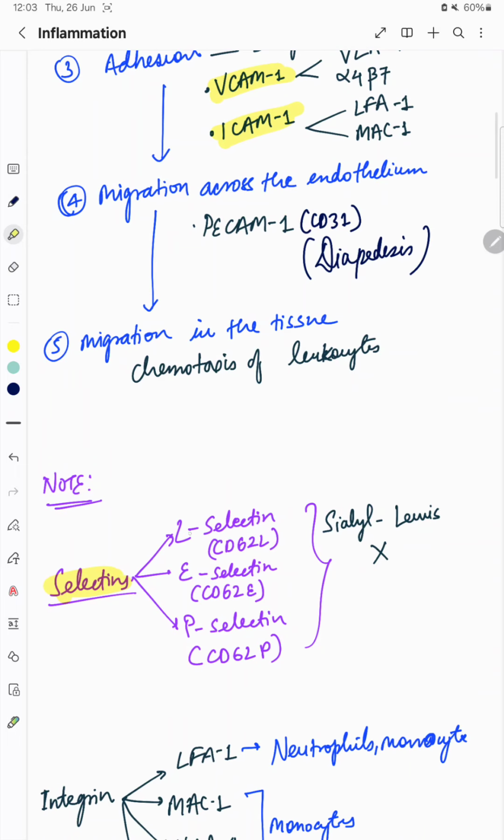There are three types of selectin: L-selectin present on the leukocyte, E-selectin present on the endothelial cells, and P-selectin present on the platelets. There is a syndrome known as Leukocyte adhesion deficiency, in which there is deficiency of selectins.